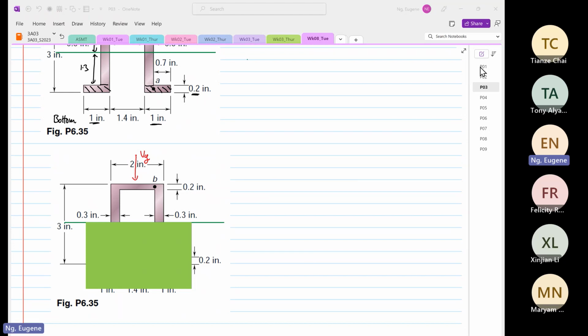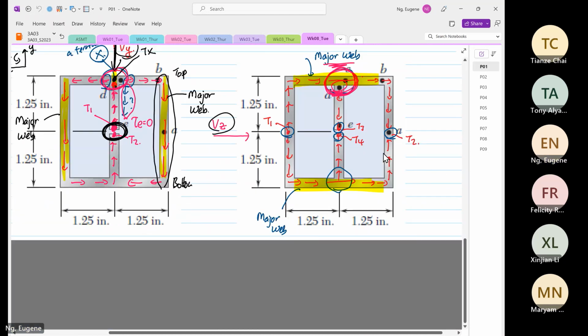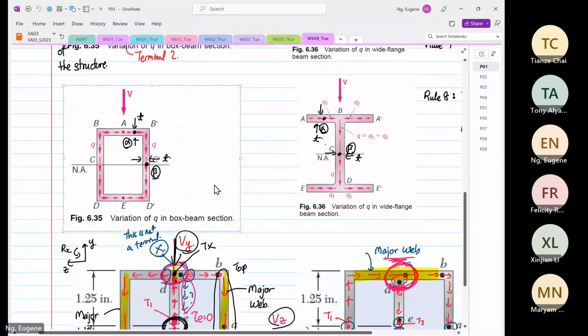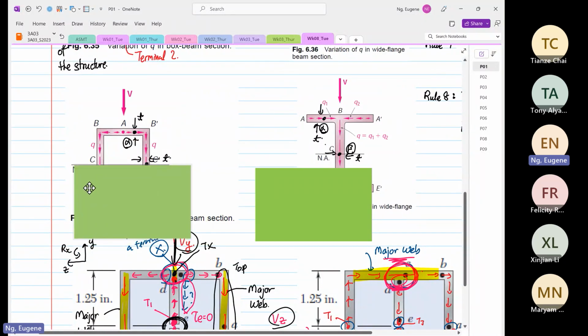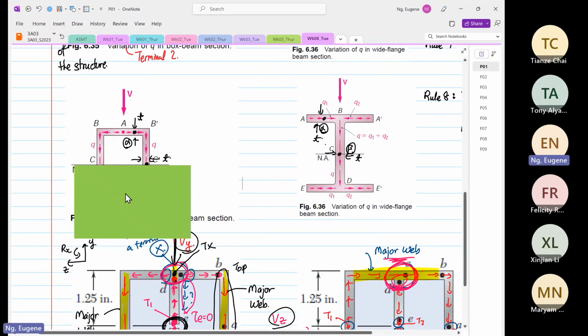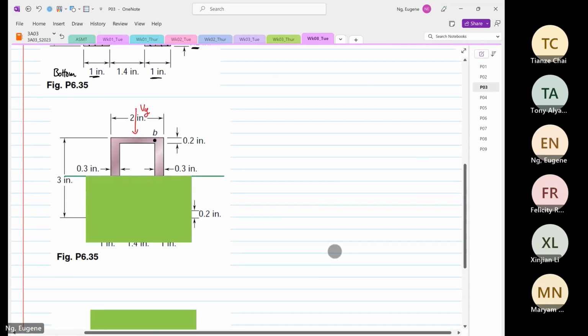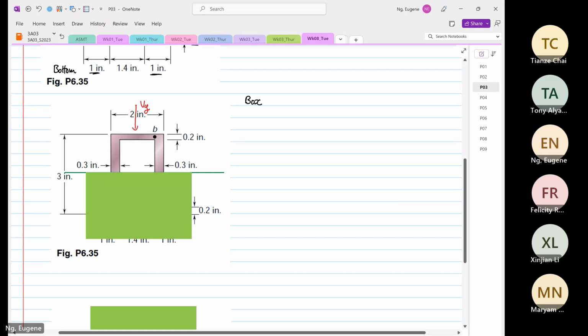If I come back to this diagram over here, and now I take this green thing and cover this, when I cover the bottom, this has a shape like this. And if you come to here, the top part is what? Box.